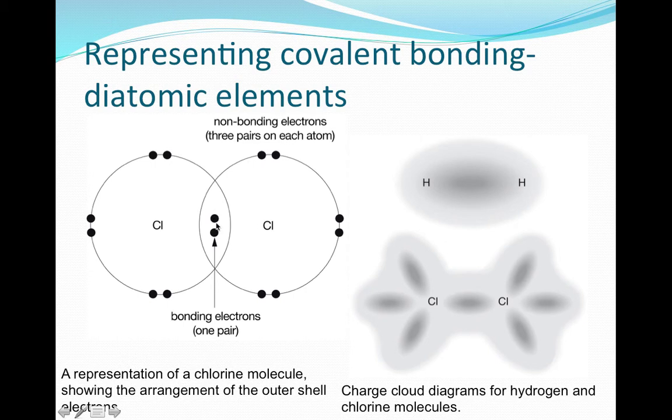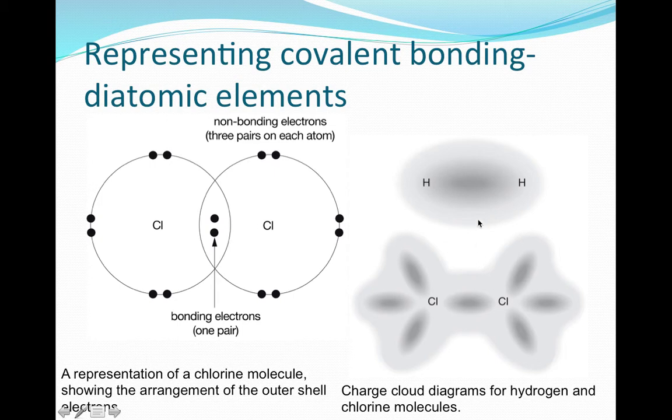These 2 electrons are called our bonding pair, and they are going to orbit around both of these chlorine atoms, which is why you get Cl2, because Cl2 is a stable molecule where you've got 8 electrons in the outer shell. The same with H2.